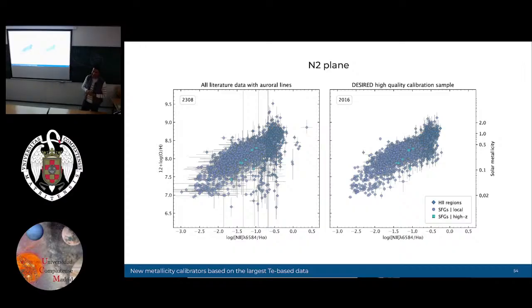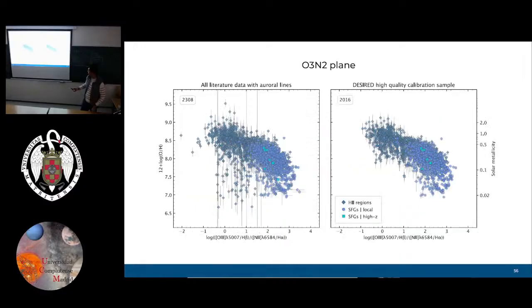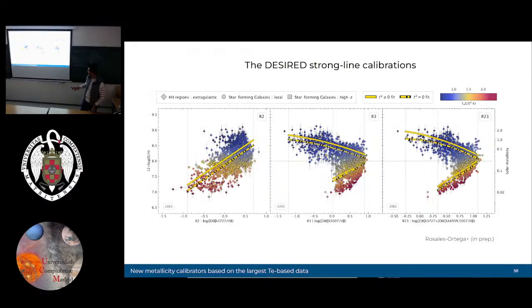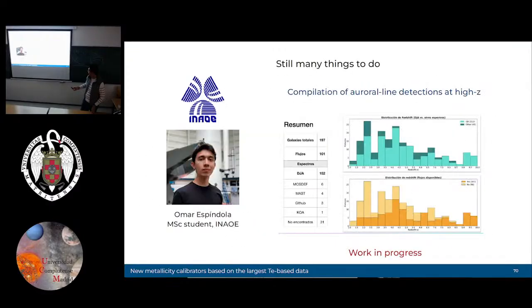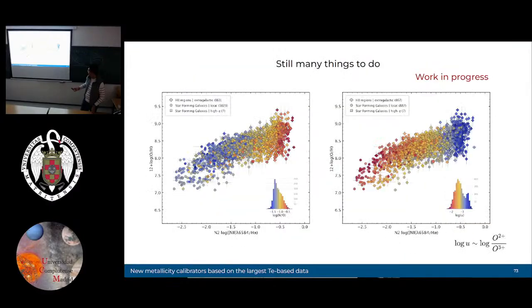So how is the ionization parameter affecting your calibrations? There you go. This is color coding in terms of the ionization parameter based on oxygen lines.